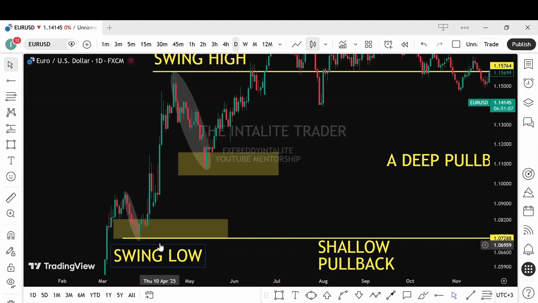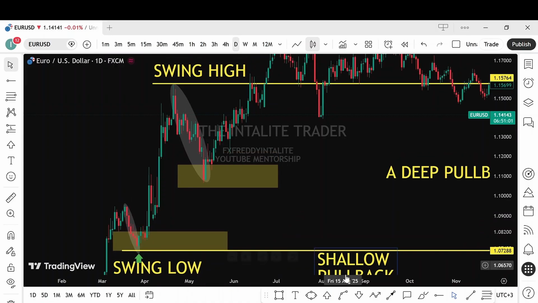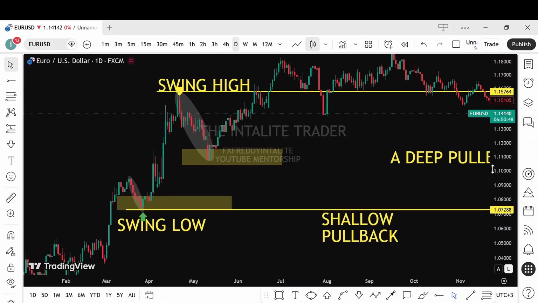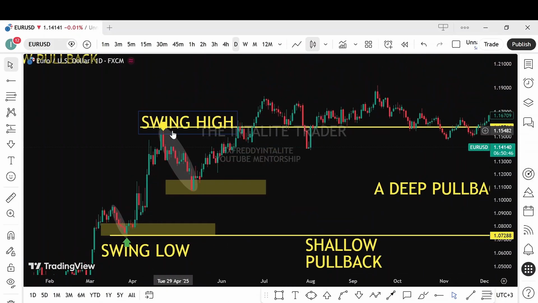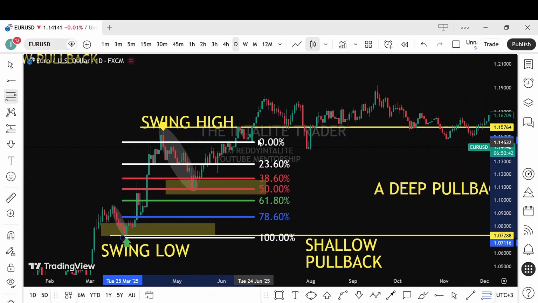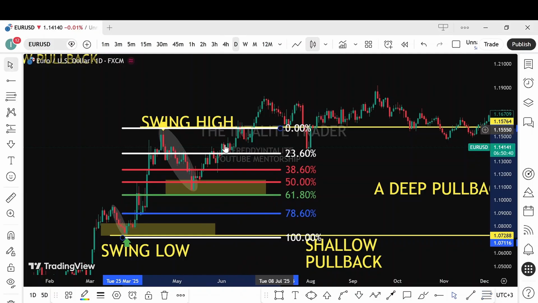This is where our swing low is, because we said we measure price based on the previous impulsive move. So we have our swing high, and then this is the swing low. So from swing low to swing high, you put your net there, then wait for price to come. This is a deep pullback.